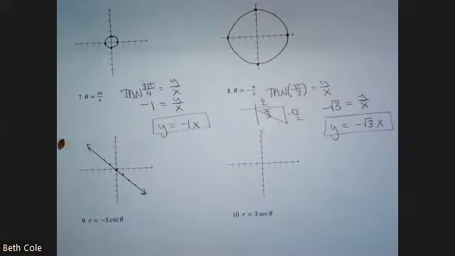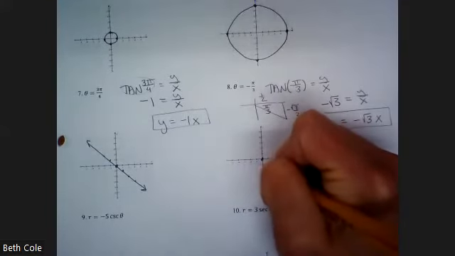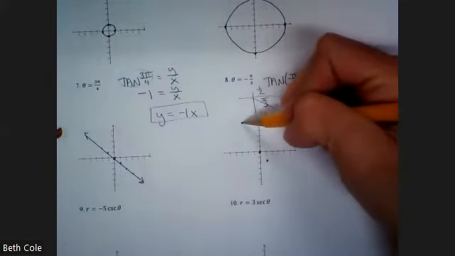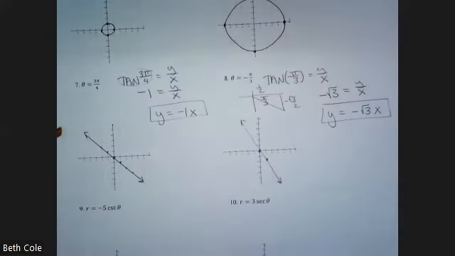Just do your best. Negative square root of 3 is negative 1.7 and then more decimals. So go through the origin and then as long as it's between 1 and 2, you're fine. Good enough. You're going down square root of 3 and then over 1. Again, it's between 1 and 2.